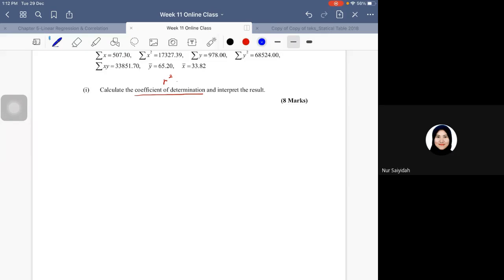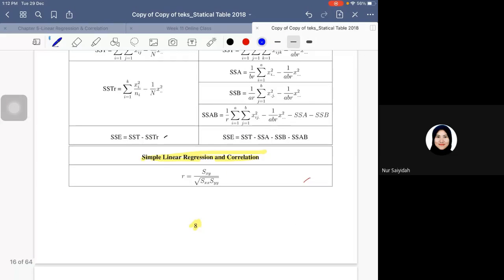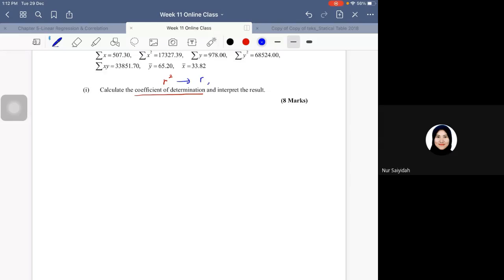We find r squared from r, and r is given by the correlation coefficient. How do we calculate the correlation coefficient? By using the formula that we have done just now. The calculation for this is going to be exactly the same as what I have done in the previous question. First, you're going to find r, and then from finding r, you're going to find the value of r squared.